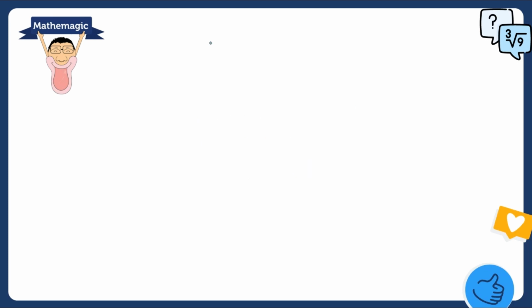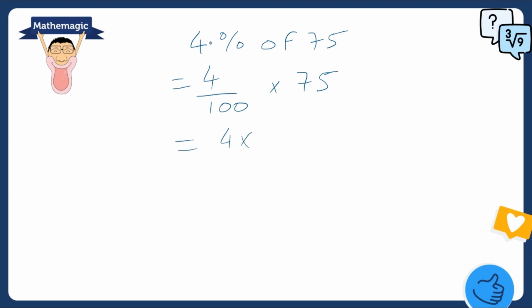So the concept of commutative multiplication is useful here because 4% of 75, that is really the same as saying 4 over 100, and you can change this of to a times and say times 75. Now 4 over 100 is the same as 4 times 1 over 100 times 75.